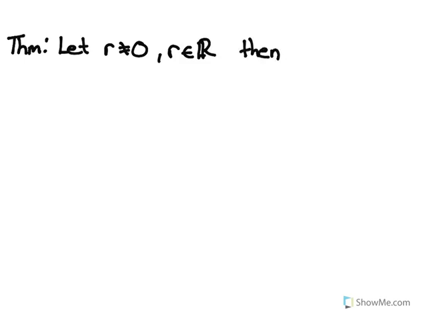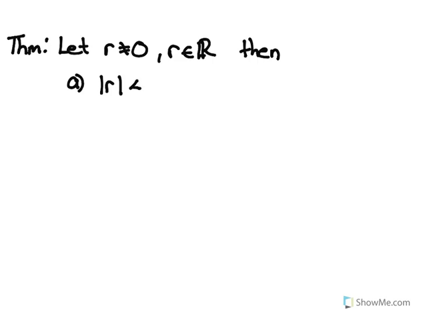For geometric series, we can show that a geometric series converges if and only if the absolute value of r is less than 1. Let's express that as a theorem. Let r be a non-zero real number, then the series converges if the absolute value of r is less than 1.